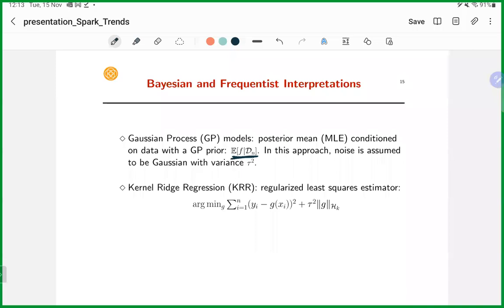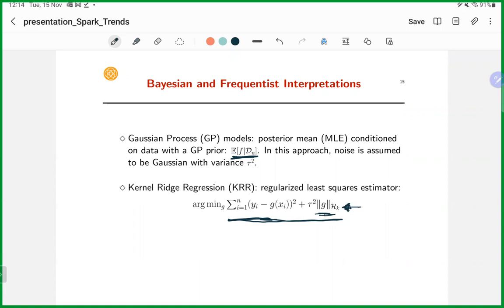There is an alternative interpretation that uses a reproducing kernel Hilbert space, which is a certain Hilbert space over functions, and says that this prediction is the arg min of this expression. So the prediction is the least squares estimator of the observations in a regularized way, where the regularization is with the norm of the RKHS, the norm of that space.